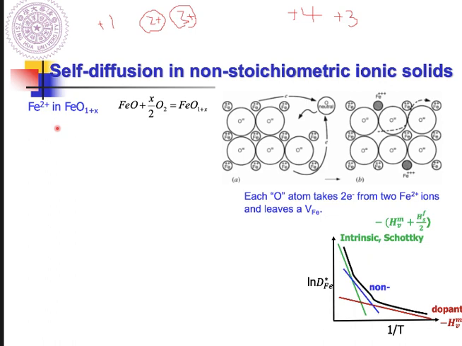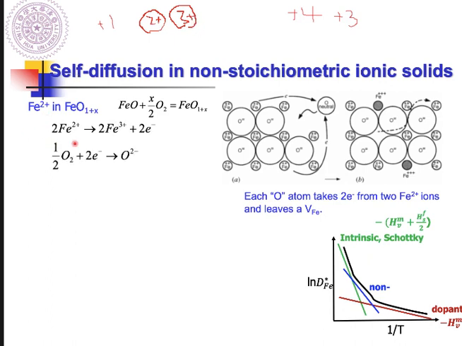So my question would be: the non-stoichiometry effect means that some iron with two positive charge, for some reason, converted to three positive charge. So that will lead to the non-stoichiometry effect. So how or why will some iron with two positive charge lose electrons to become three positive charge ones?